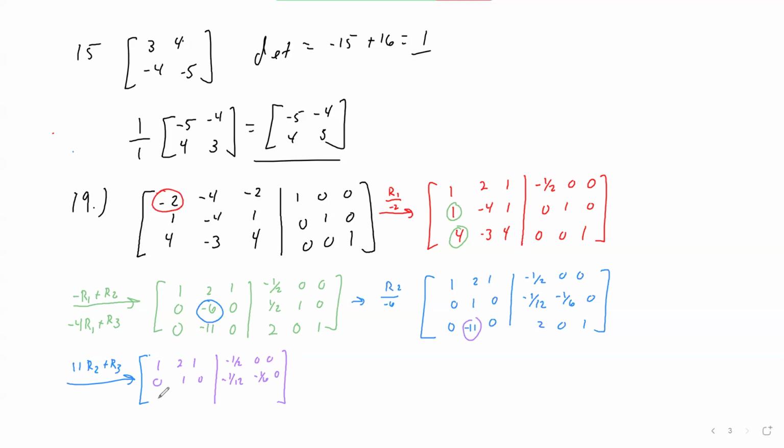So 11 times 0 plus 0, 0, 11 plus -11, 0, 0 plus 0 is 0. -11/12 plus 2 would be 24 minus 11, so it'd be positive 13/12. -11/6 and 1.